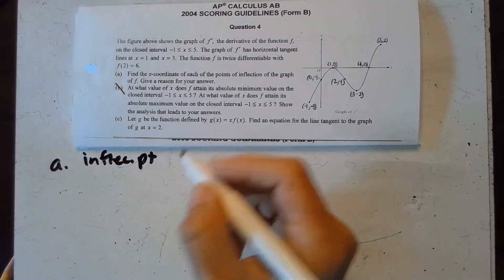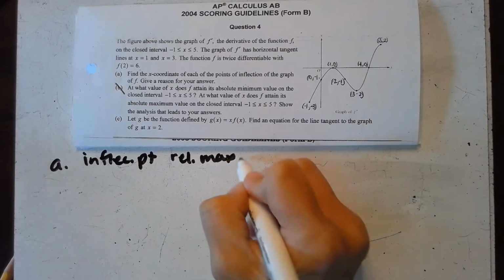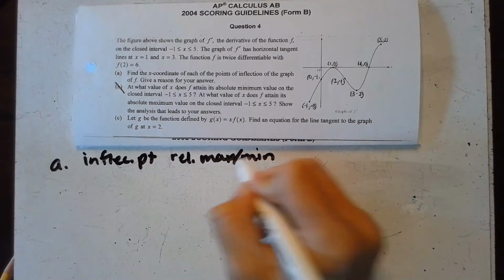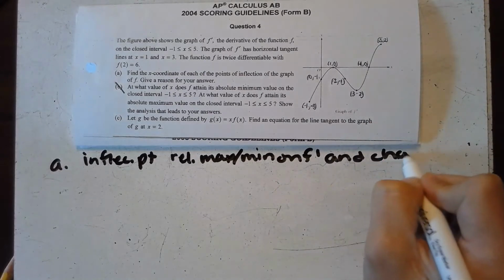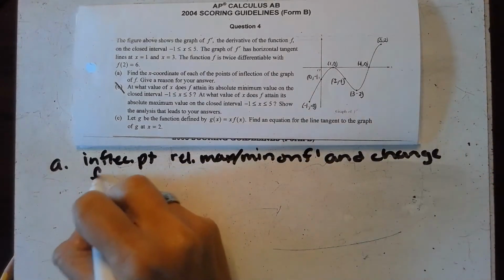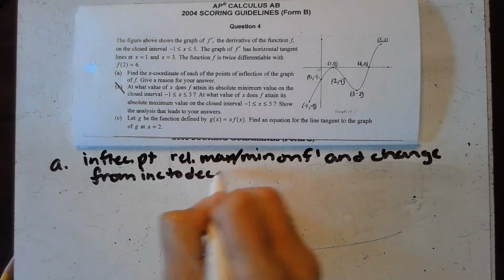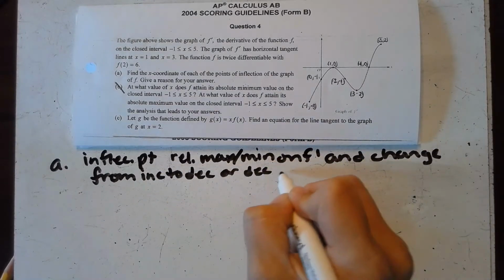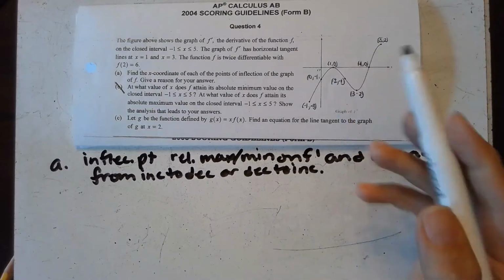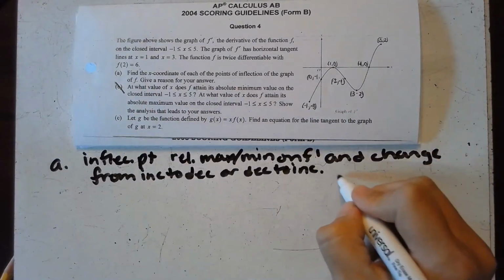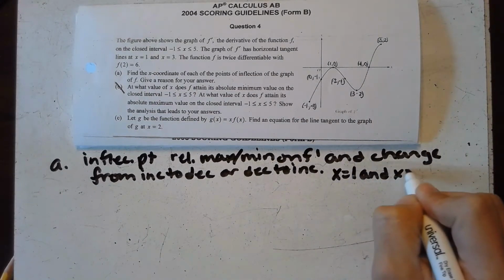When they give us the first derivative, inflection points are going to look like relative max and mins on f prime and change from increasing to decreasing or decreasing to increasing. Okay, well, where does that happen? And we're just looking for the x-coordinate, so it's at x equals 1 and x equals 3.